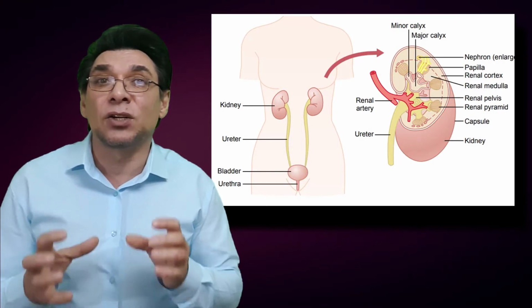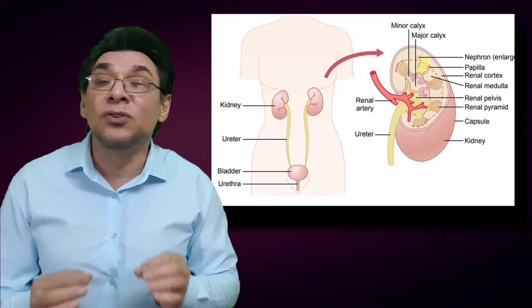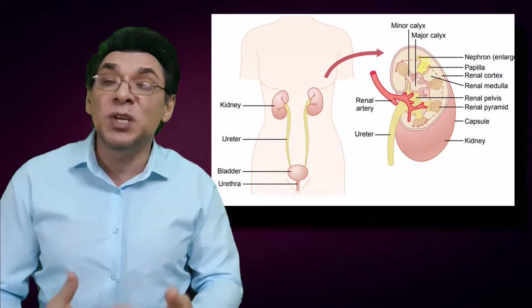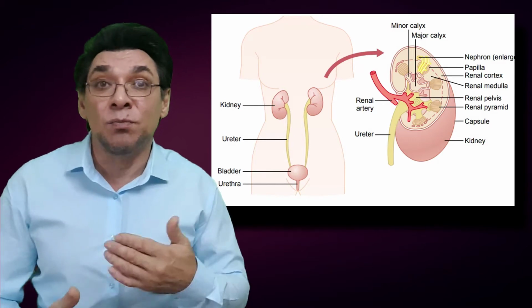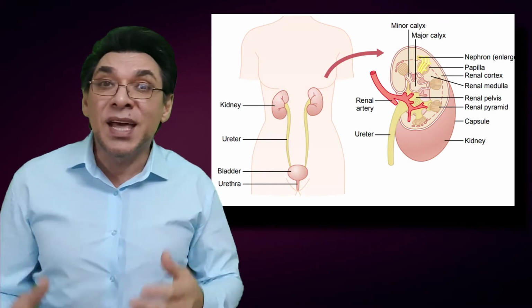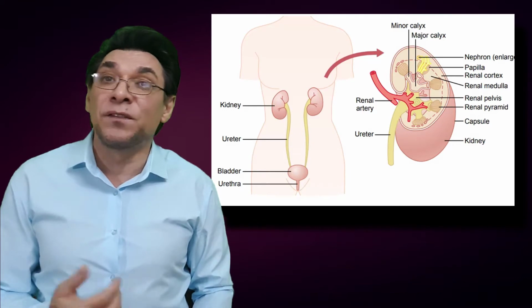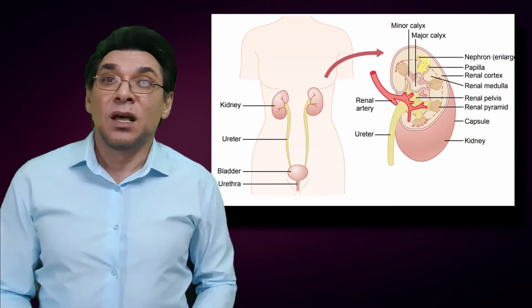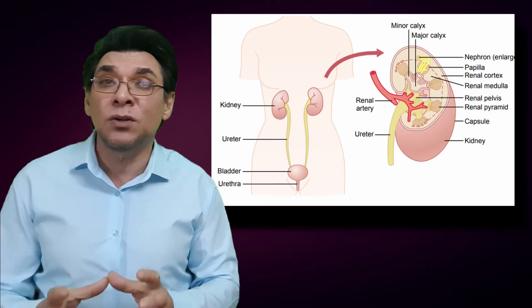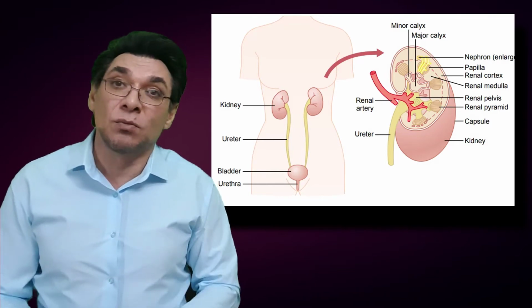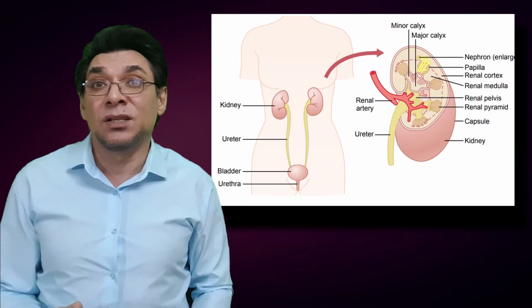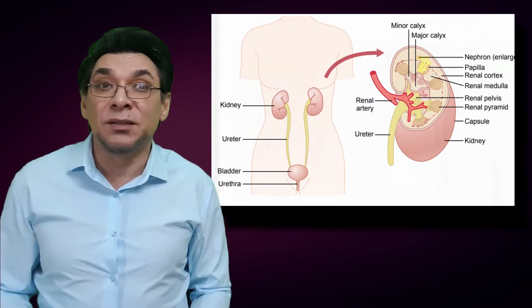The kidneys secrete a hormone, erythropoietin, which regulates the synthesis of red blood cells in bone marrow. Next is regulation of vitamin D synthesis. The kidneys play an important role in controlling blood levels of calcium by regulating the synthesis of vitamin D.